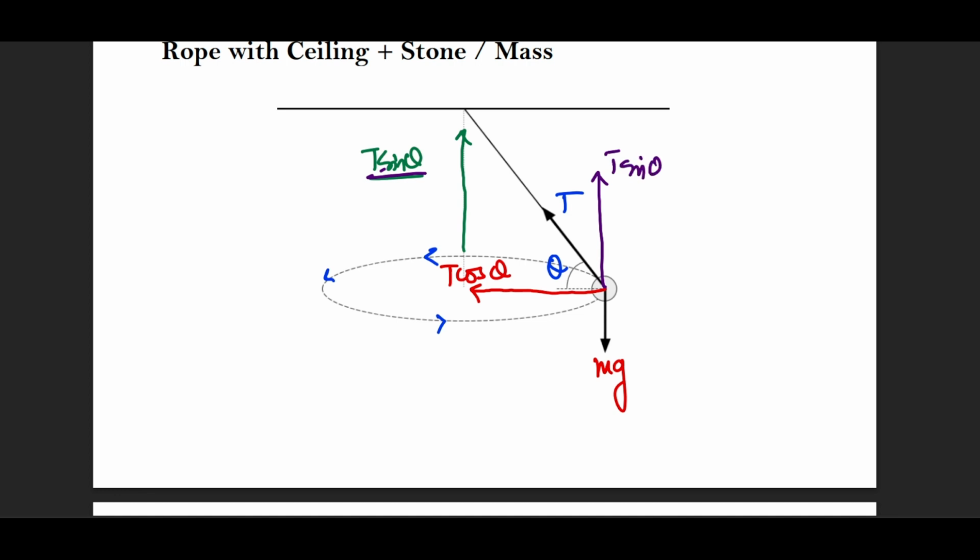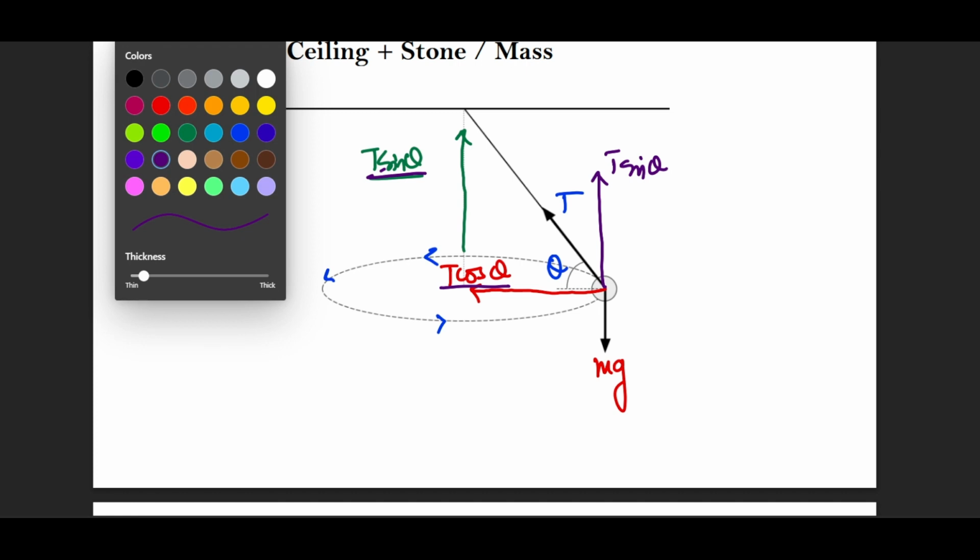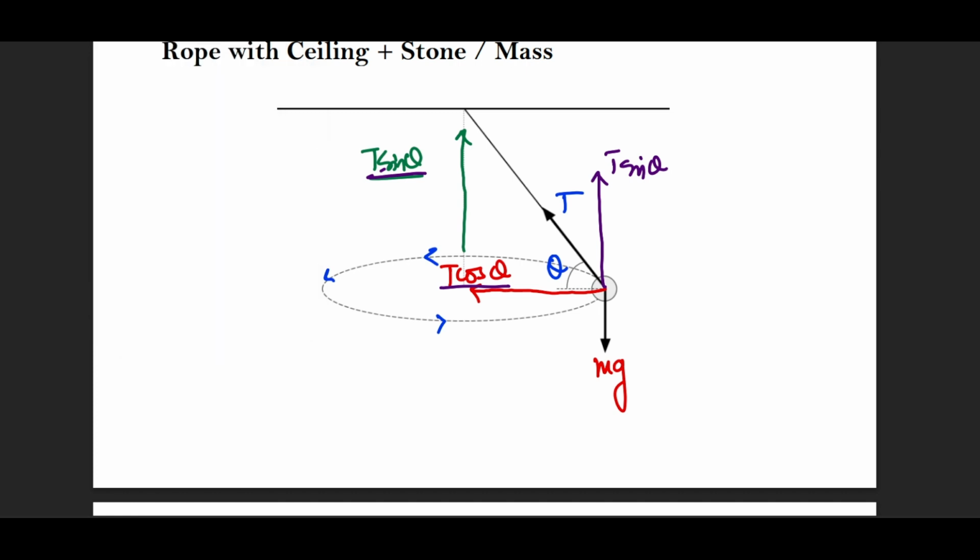So this is going to be T sin theta, and we have the central component over here that is pointing towards the center as well. So I can see that the weight is being supported by the T sin theta component, right? So mg will be equal to T sin theta. This is my equation number 1.